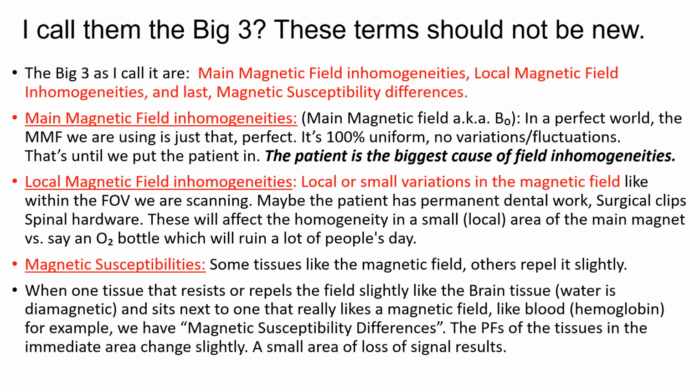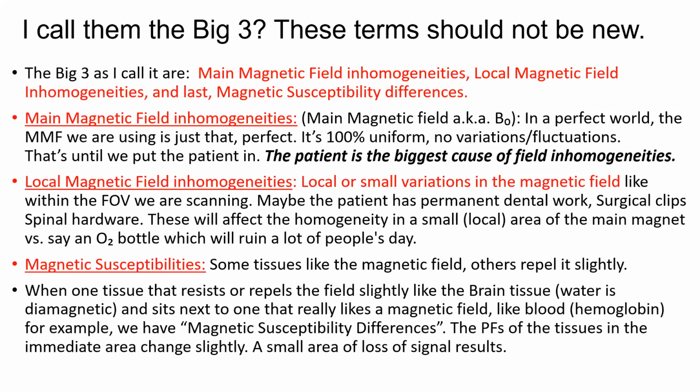And then there's magnetic susceptibility differences. And this gets worse at 3T, these susceptibility differences. But susceptibility is a tissue's ability to be magnetized. Basically, does it like to be magnetized or does it not like to be magnetized? So water, for example, is considered diamagnetic. I'm going to go into these.